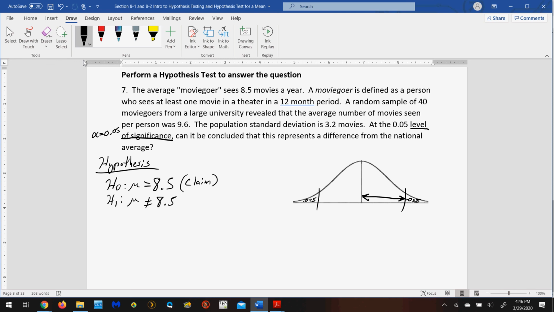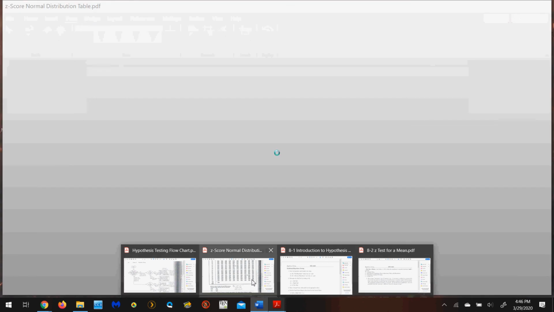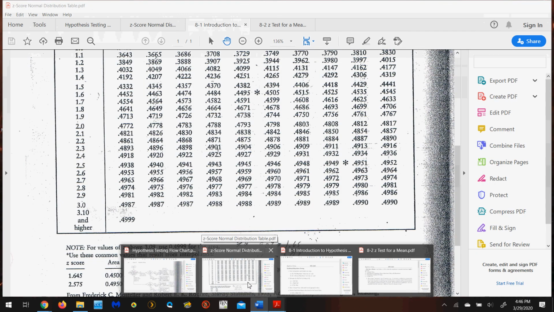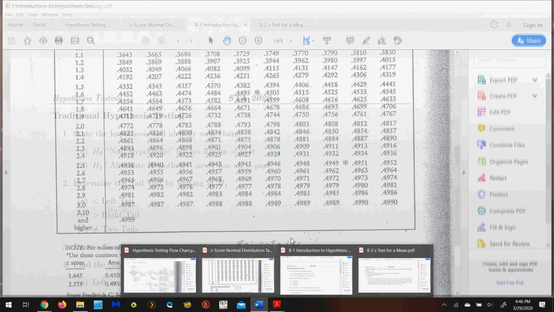If I have 0.025 in one tail, I take 1/2 minus this, and that will tell me how much is left over, which ends up being 0.475. Go to your z-score table, and you'd need to find the z-score that corresponds to 0.475. That's going to be 1.96.